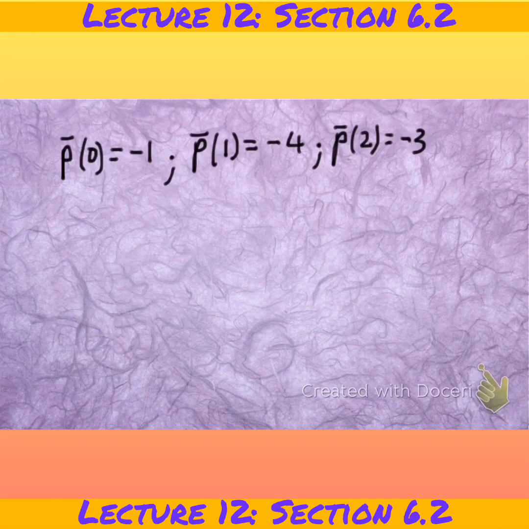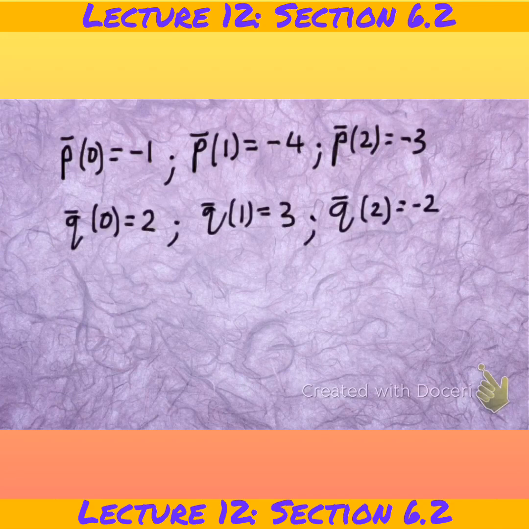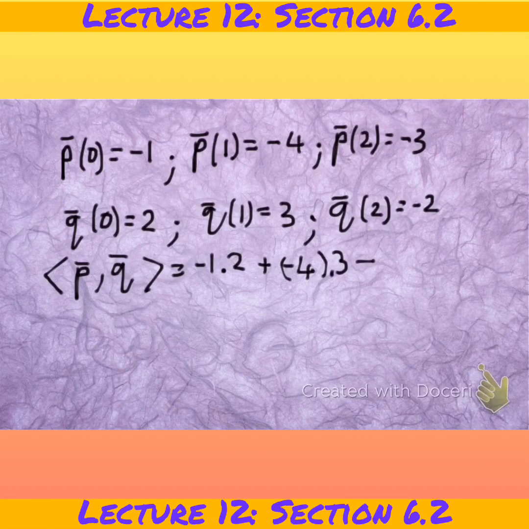Then we're going to do the same for Q. And then we can easily go and determine the inner product of P with Q. And that is going to be the product of -1 with 2, plus the product of -4 with 3, plus the product of -3 with -2. And that is going to be that whole thing there.